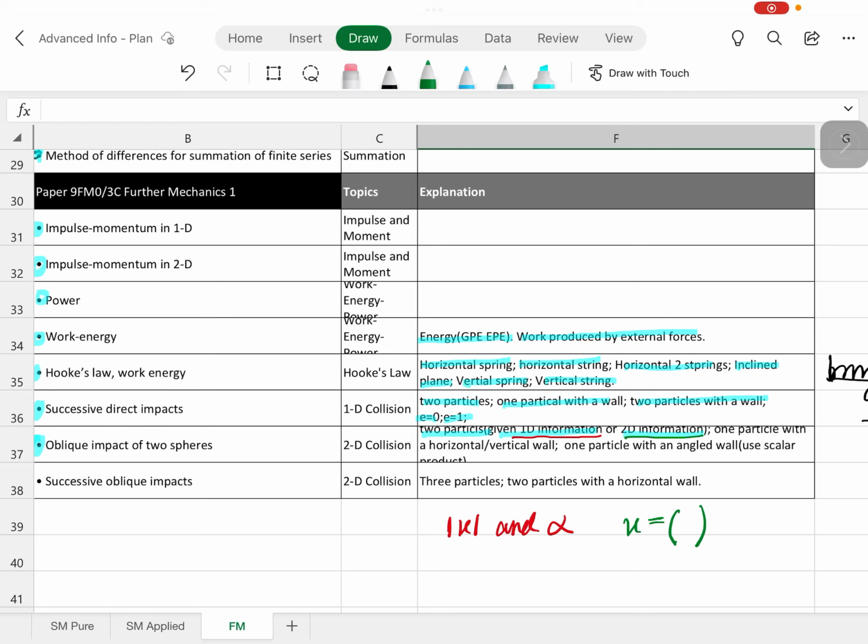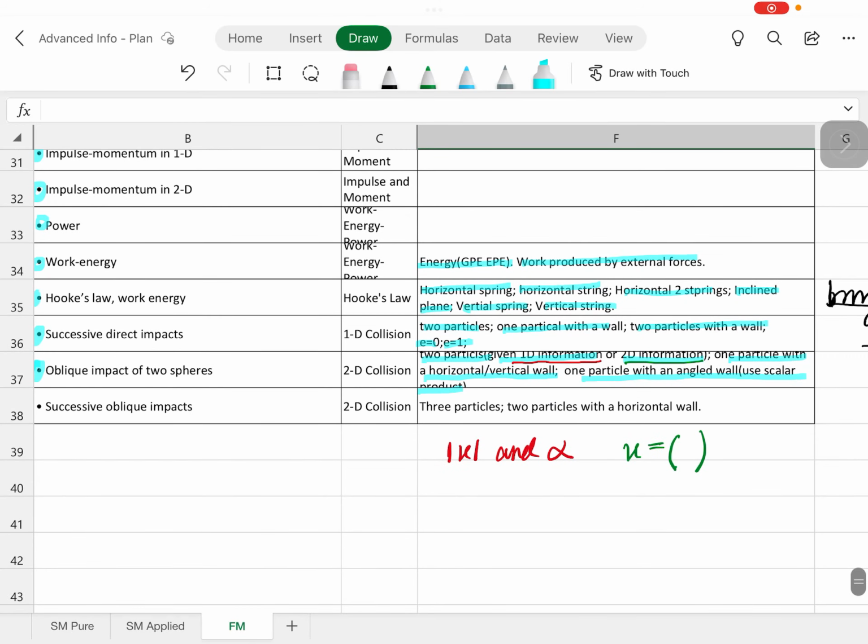What else can we have? We can have one particle with a horizontal wall and a vertical wall. So that's relatively simple. The hardest one is the one particle with an angled wall that requires you to use a scalar product. What do I mean by that? If I have a particle coming in with velocity u, and this particle is going to hit a wall that is neither horizontal nor vertical.